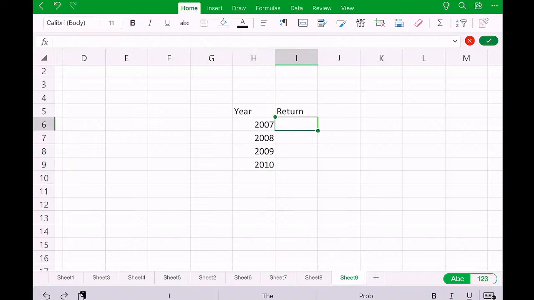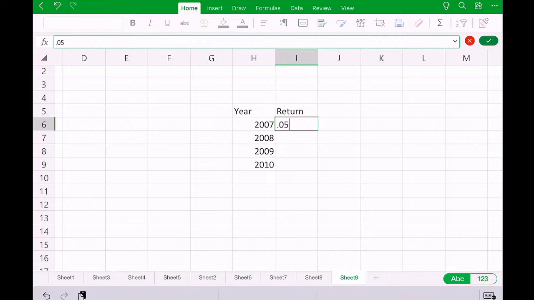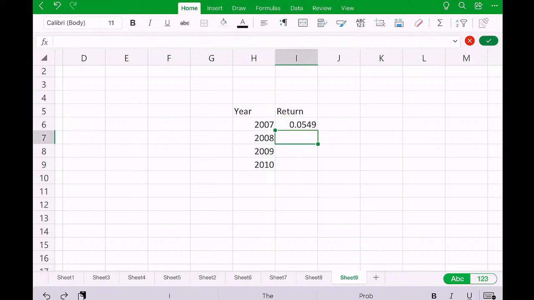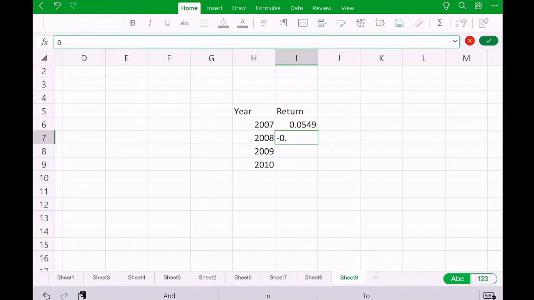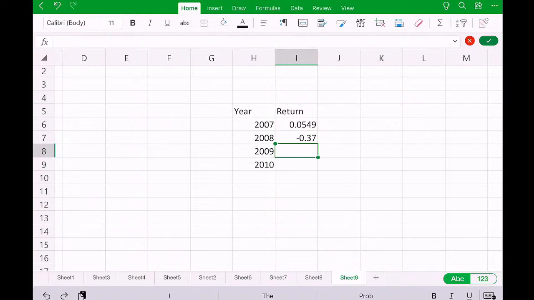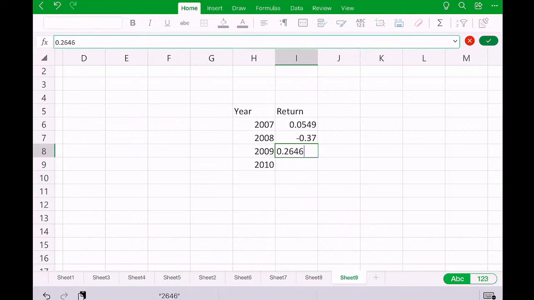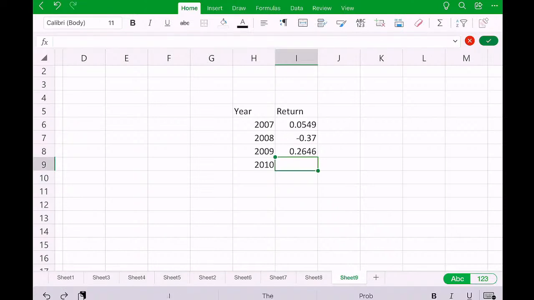And then the returns are, I'm going to write them as decimals, 0.0549, negative 0.37, 0.2646, and 0.1506.